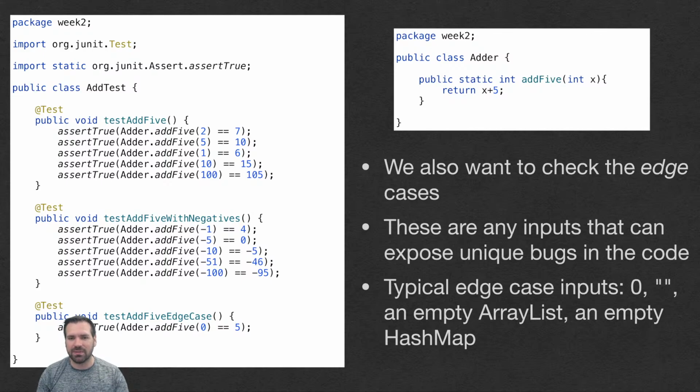Well, we have to specify that in the handout and say, just return 0 in that case, if it's the edge case. And they're not always empty data structures or 0 or empty string. They can be whatever unique situation presents itself for a specific problem. Could be really anything, but it's something where we have to think of what could go wrong.